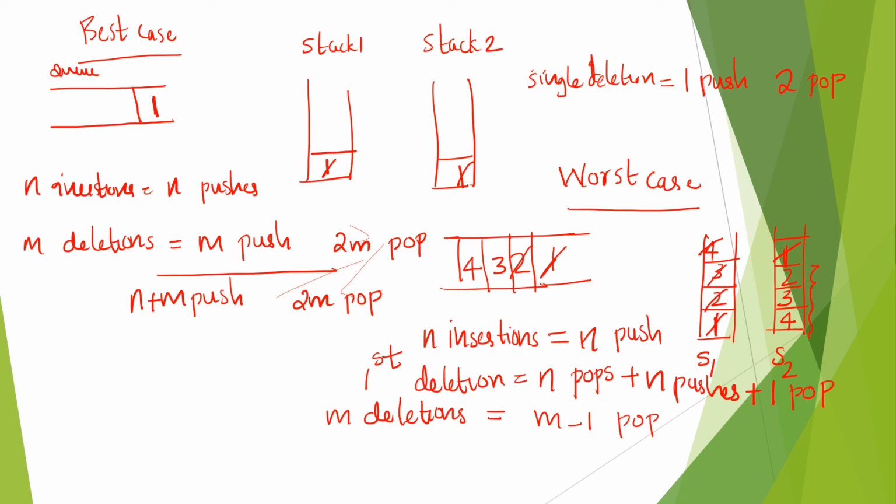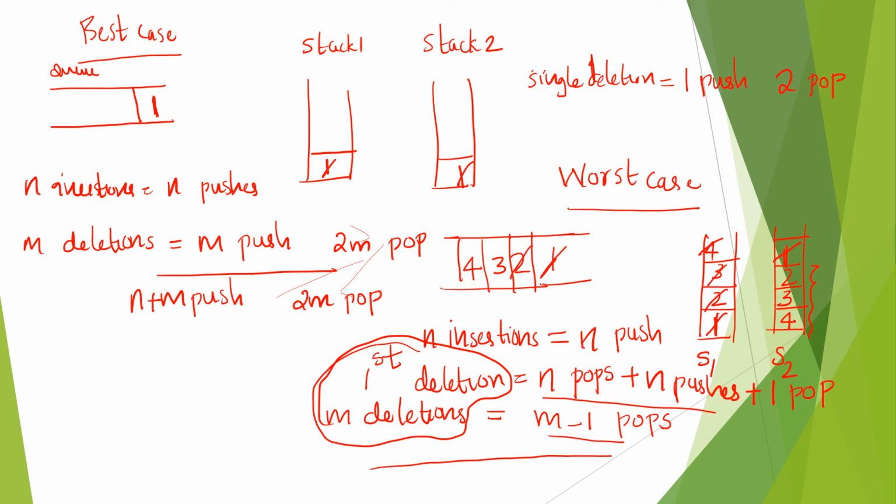So for the case of all the elements' deletions, this is the number of pushes and pops. For the total number of pushes, for insertions and deletions together, we have n pushes for insertions and n pushes for the deletions, so 2n pushes.